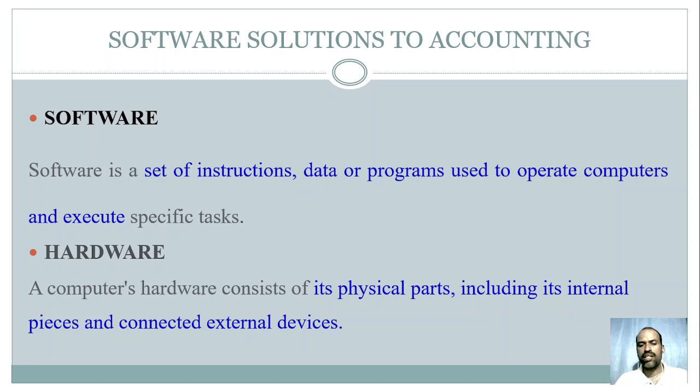Whereas the software program is going to execute the tasks which are given by the programmer through the instructions and programs, so that the computer will execute the specific tasks which are assigned by the programmer.